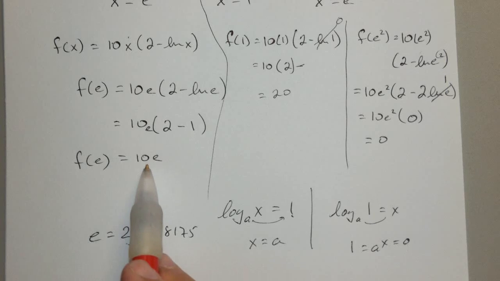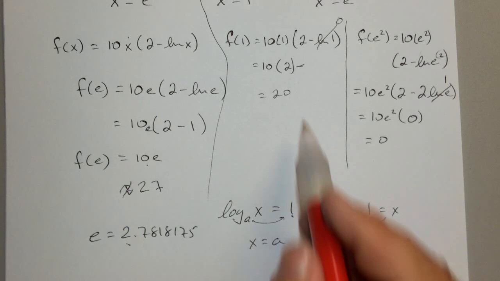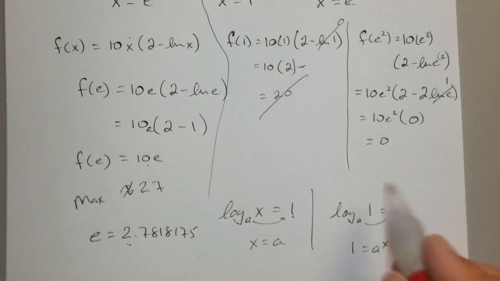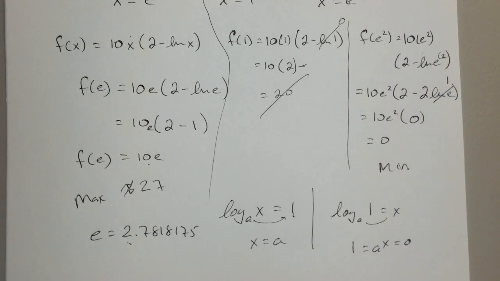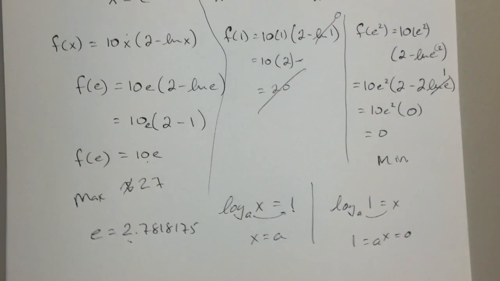So 2.7 times 10 is 27. It's bigger than 20, so this is our max. This is our min. Right?